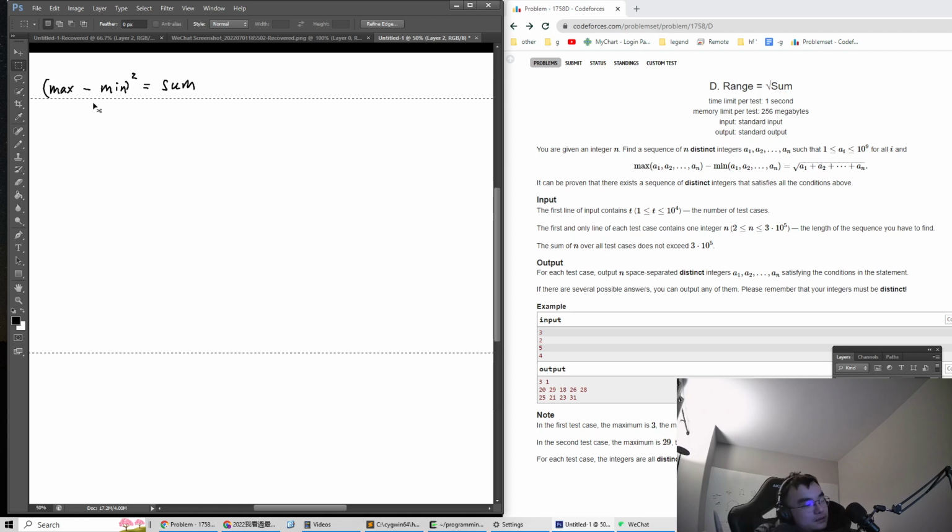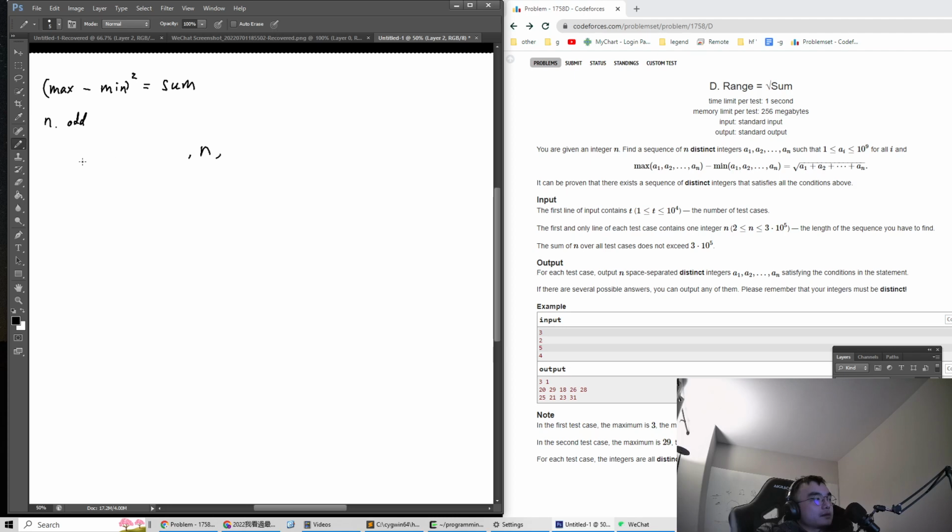Okay, let's move on. What if n is an odd number? So again, we can find such an array that centers on n, and it has n consecutive numbers, right? So the center is n, and the right side is this guy.